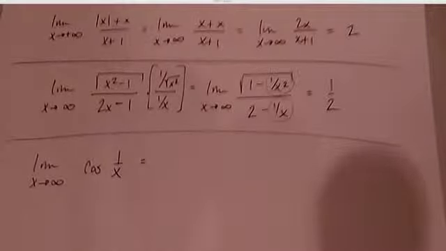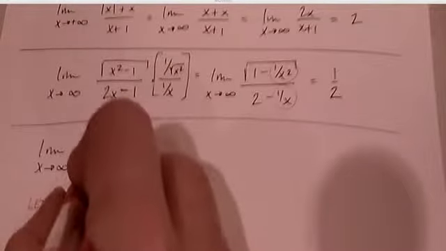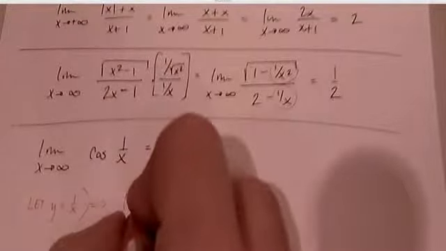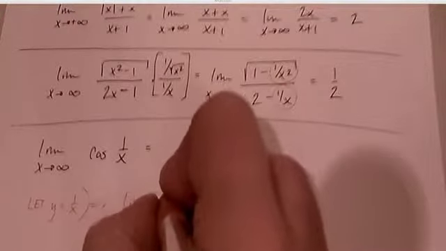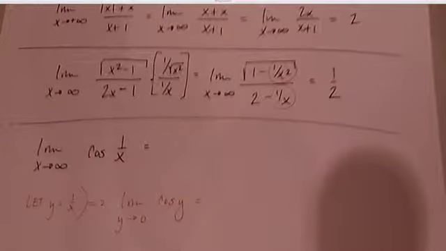You could actually do a substitution and say, let y equal 1 over x. This transforms the limit into the limit as y approaches 0 of cosine of y. And if that makes you feel all warm and fuzzy inside, that's fine.